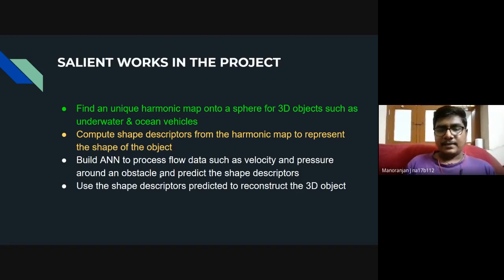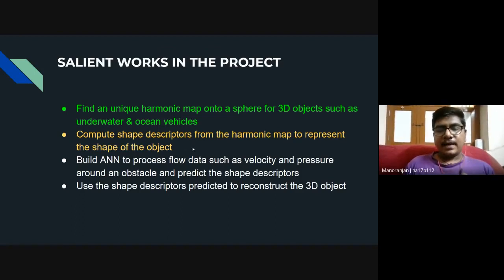Now that we have this, we then compute the pressure and velocity values that the particular object creates when it is moving, and we use those data to build an ANN such that it takes those values and can predict the shape descriptors.